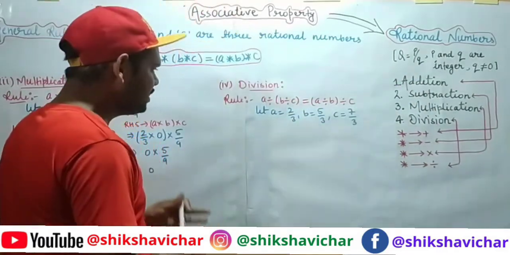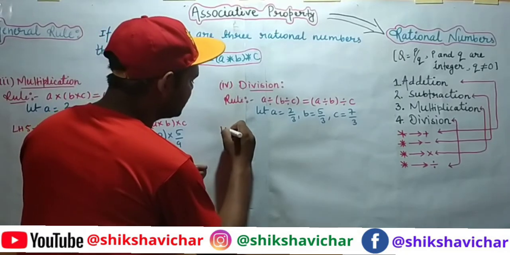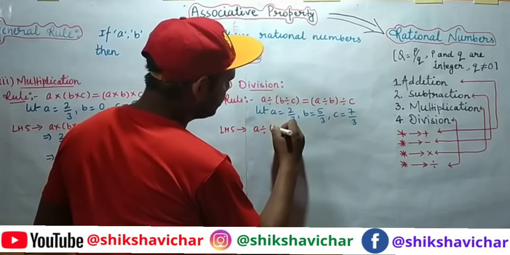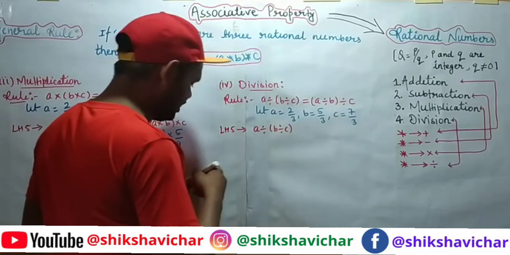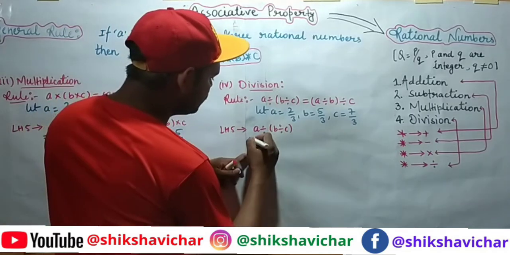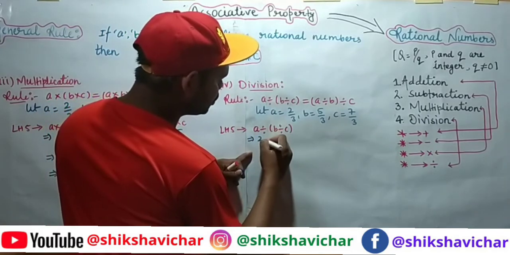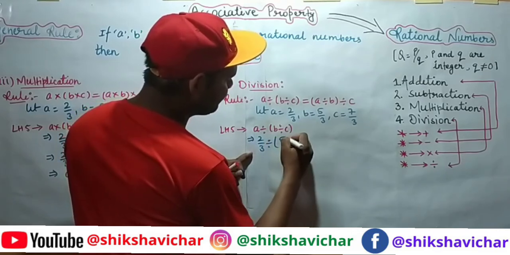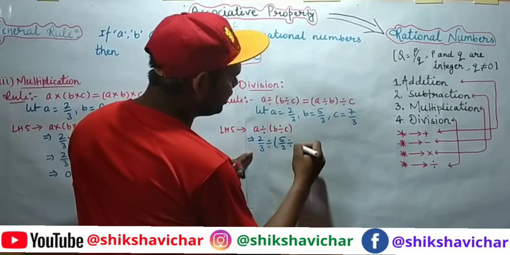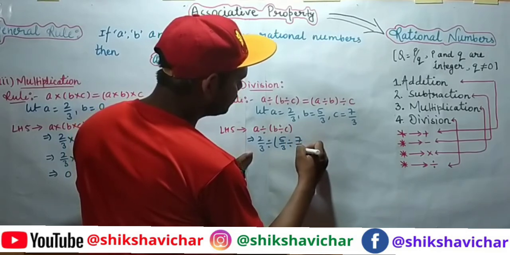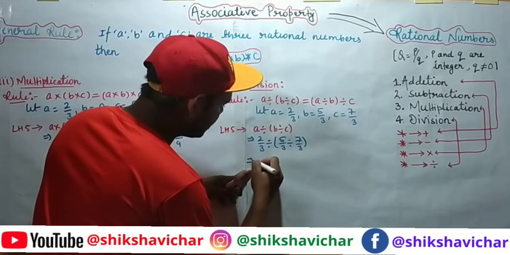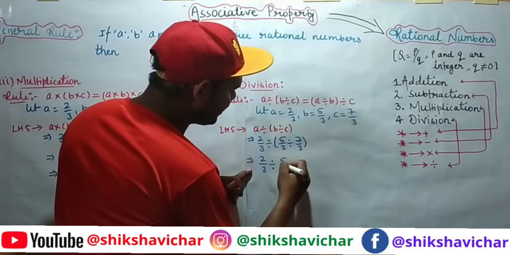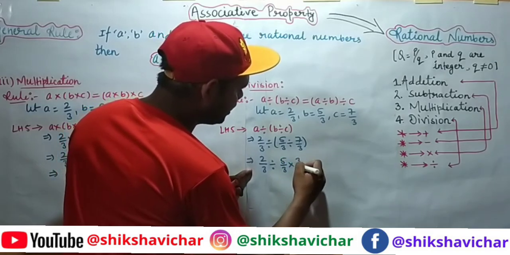Now we will check the left hand side. What is the left hand side? LHS is (a ÷ b) ÷ c inside brackets. Putting these values, we get 2 upon 3 divided by 5 upon 3, divided by 7 upon 3, and then we will solve it and we will get 2 upon 3 divided by 5 upon 3, multiplied by 3 upon 7.